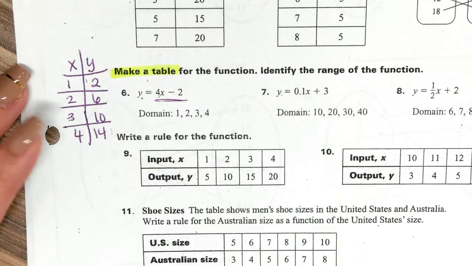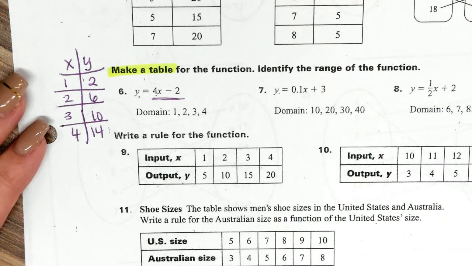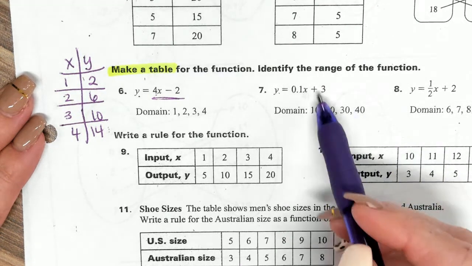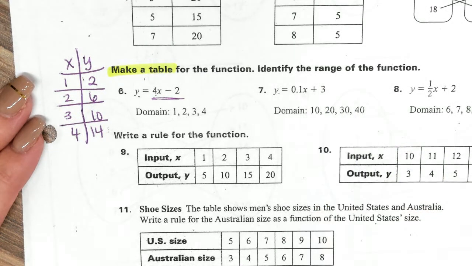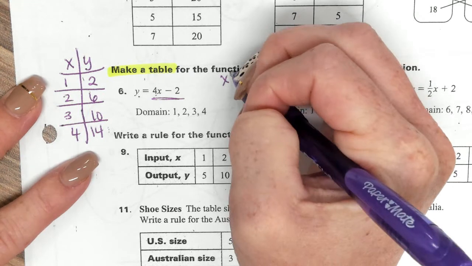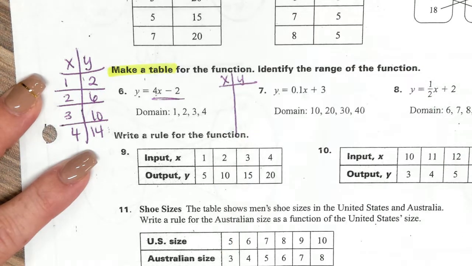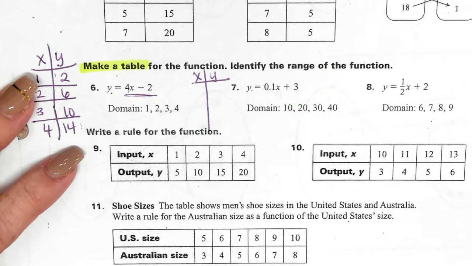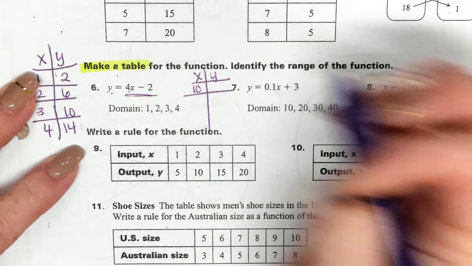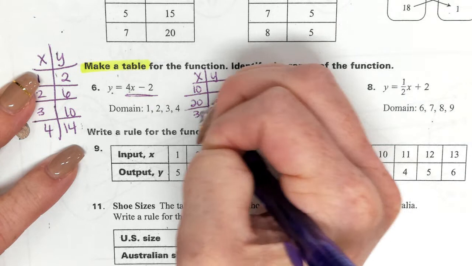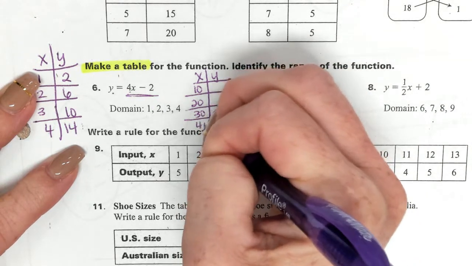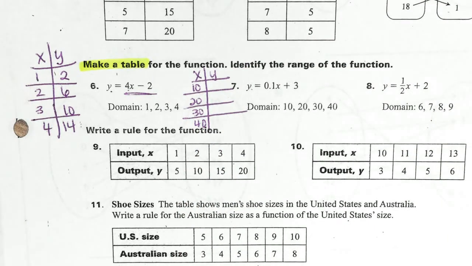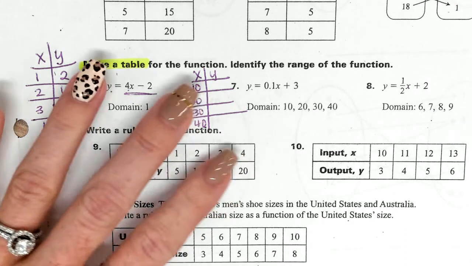Okay, now number 7, you might want to use your calculator because you're multiplying by a decimal. Yes, so you'll come over here, you'll make your table. It tells you your domain is what? 10, 20, 30, and 40. And if I was you, I would probably use my calculator. So I'll just do the first one with you with 10.